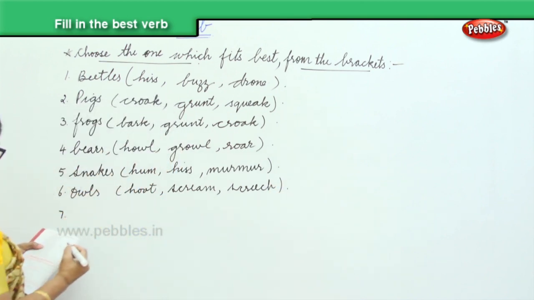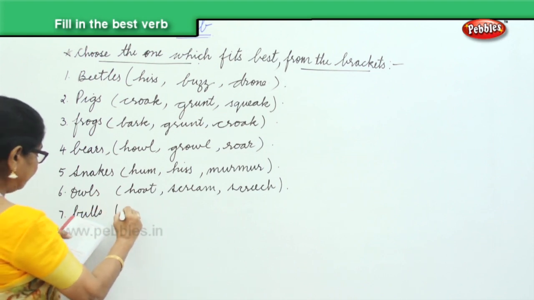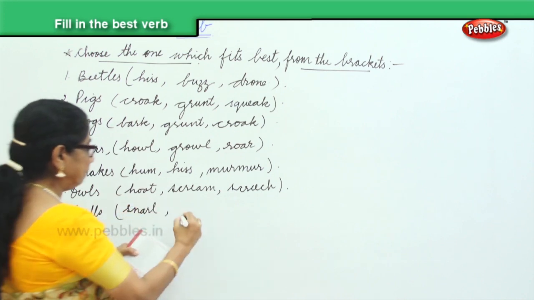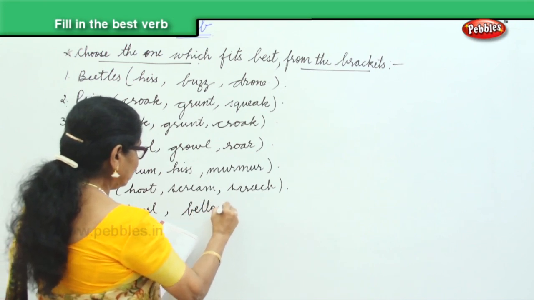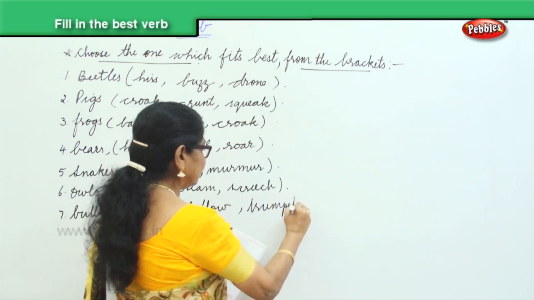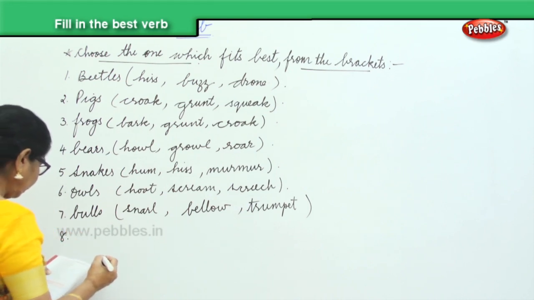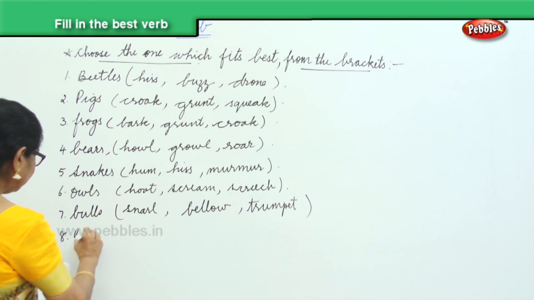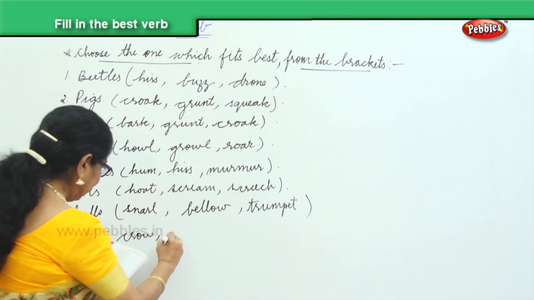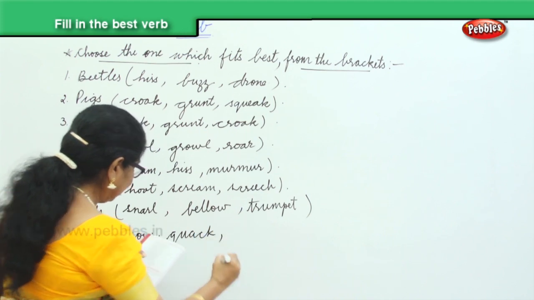You have bulls. What do the bulls do? Bulls snarl, bellow, and trumpet. Then we have geese. Geese crow. Geese quack. And geese cackle.